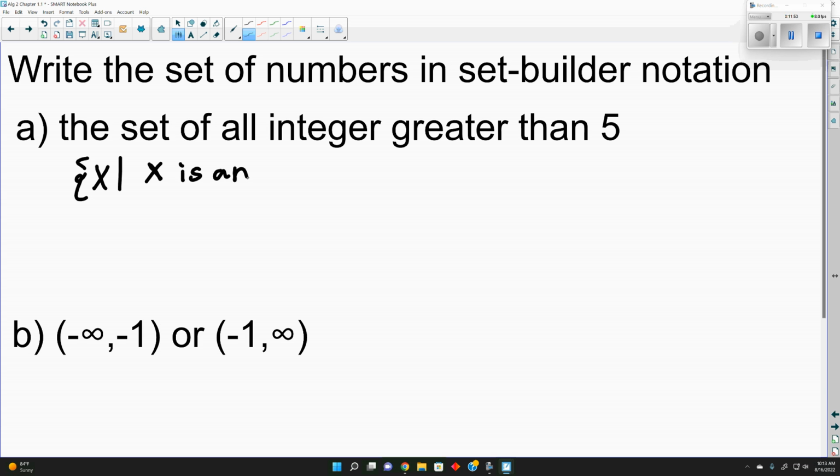It is greater than 5, but it's also an integer. And so x is greater than 5, yes? What's one way that we can write it besides in words? Because we just did some. Or we talk about what? Inequalities. I can use an inequality, yes?